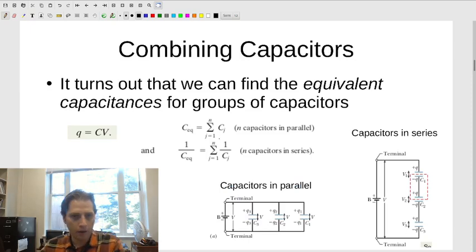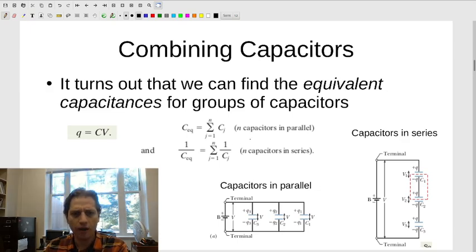There's always lots of different ways to think about this sort of problem. All right, now I want to return to the sorts of problems that we were looking at last time because I know that this topic can be a little bit confusing for students. What we're doing is bundling together a bunch of capacitors and treating them as a single capacitor. We have two versions that we're especially concerned with: capacitors in parallel, where I've taken each capacitor and connected it with a wire essentially to the battery.